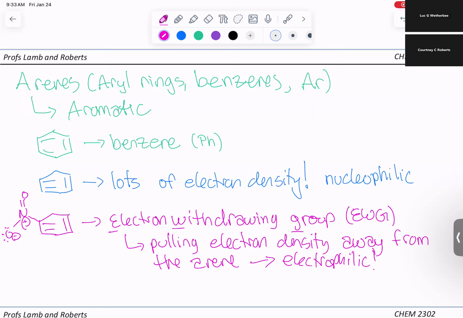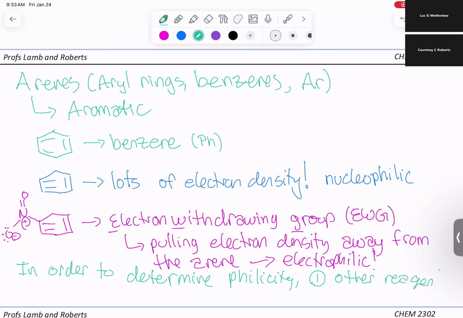Okay, so how do you figure out what we're doing in which particular part of the chapter, right? In order to determine philicity, we need to first look at other reagents, and see if we can tell if those are electrophiles and nucleophiles.